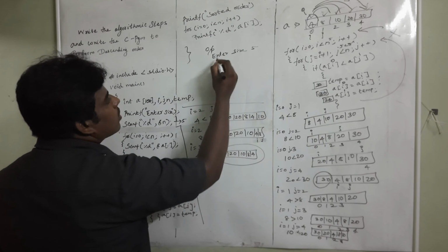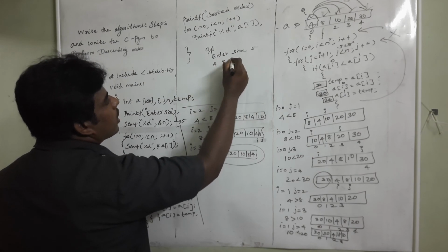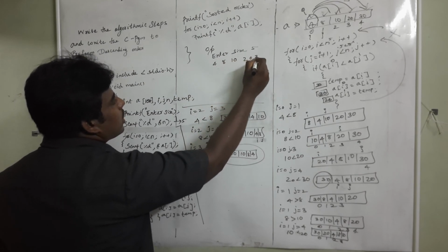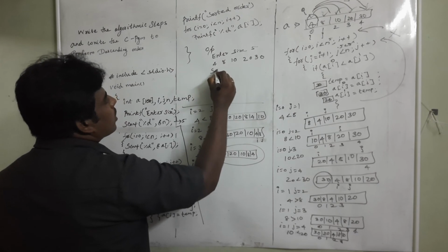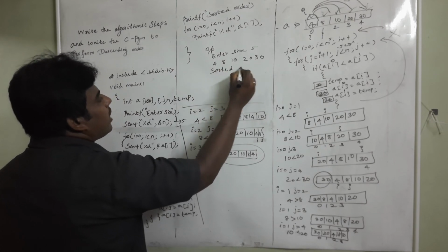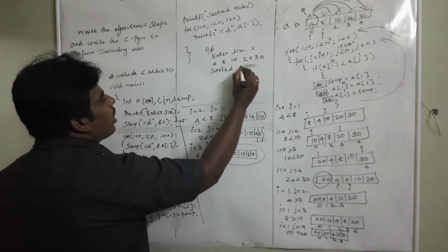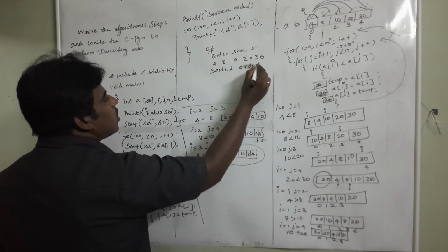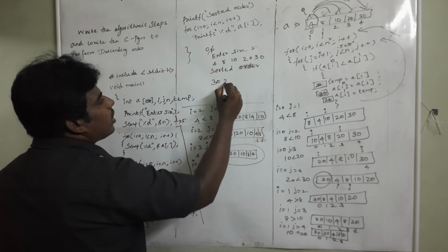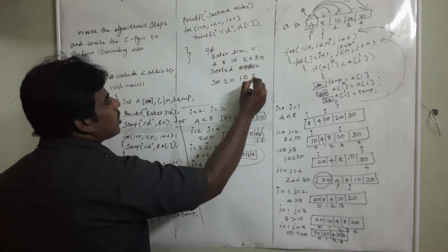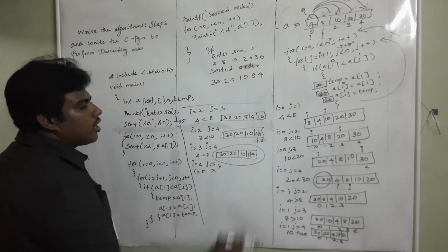You are giving 5. Then you are giving the input 4, 8, 10, 20, 30. Then after sorting it will print the sorted order. You will get the answer 30, 20, 10, 8, 4 in descending order.